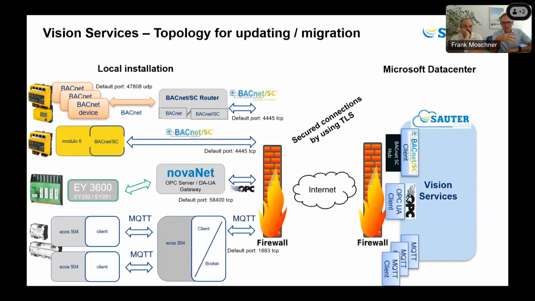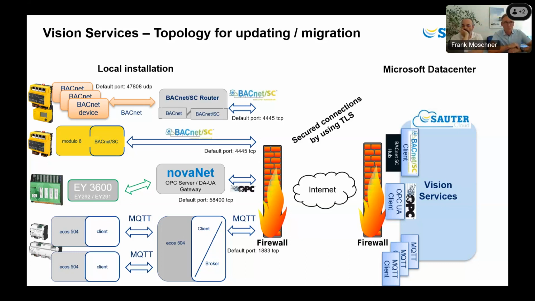And maybe here giving you an outlook, a little bit of technical information as well. Since we have the BACnet SC topology, and I also mentioned the BACnet SC software hub, we have a bunch of these nice Vision Services projects, which I will show. But nevertheless, there were also requests: how could we upgrade older installations where we still have Novanet running?